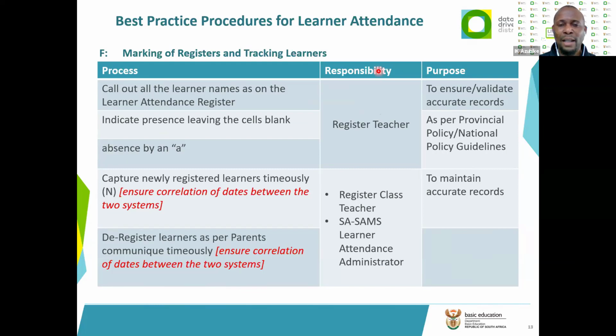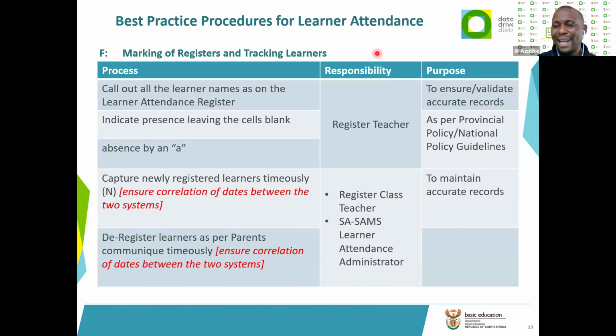That is, if they are present, leave that cell blank. Absent by an A, you understand? So most times other provinces might have a capital A or a small a, but as I said, you must adhere to the policies of your province. Okay, who is responsible for this? It's the register teacher. What is the purpose? To ensure or validate accurate reports.